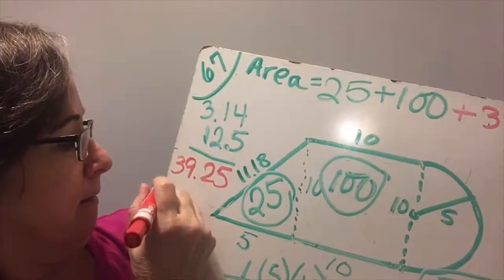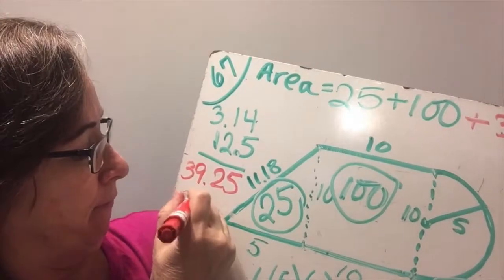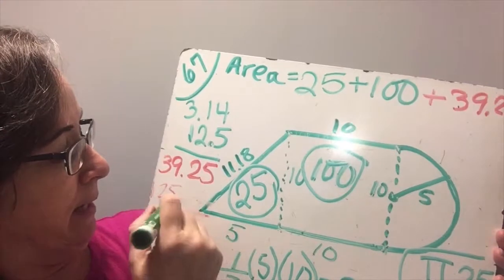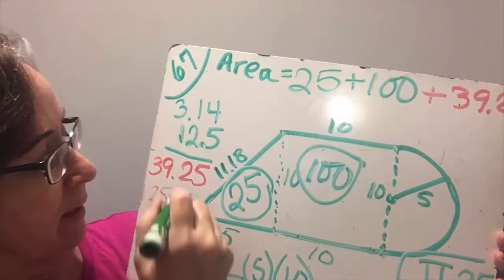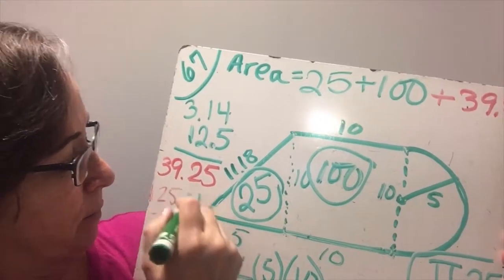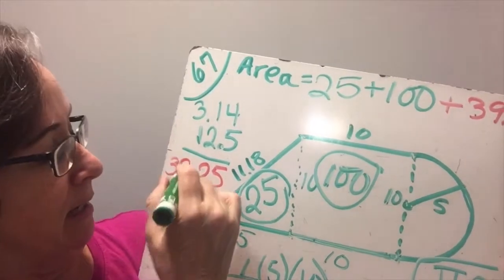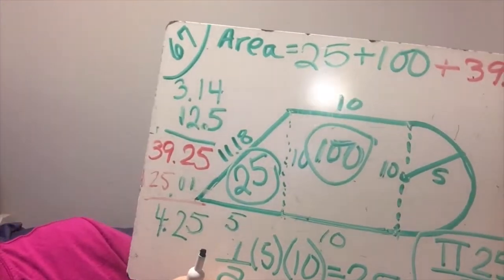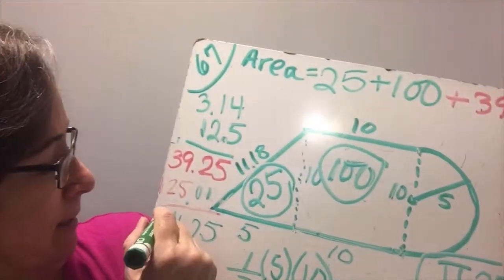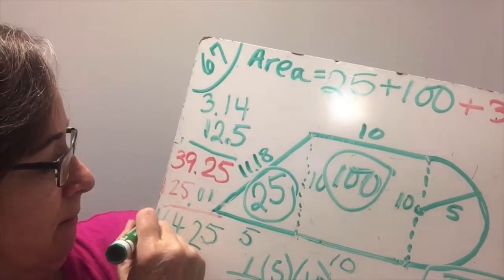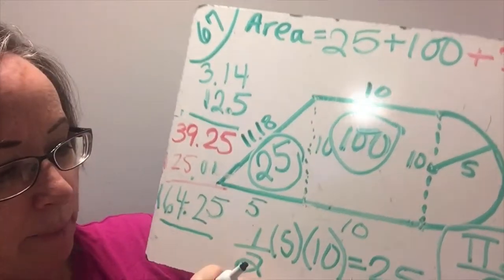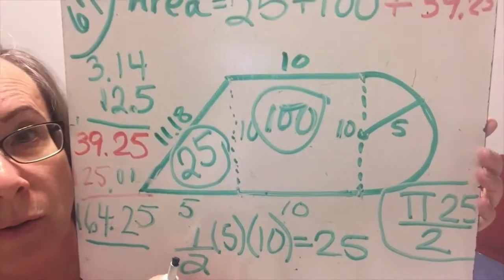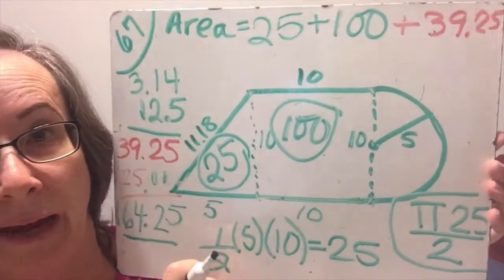It's hard to get our columns lined up there, but 5 plus 0 is 5, 2 plus 0 is 2, and 9 plus 5 is 14, and I barely squeezed it in, but I get 164.25 for the whole area.